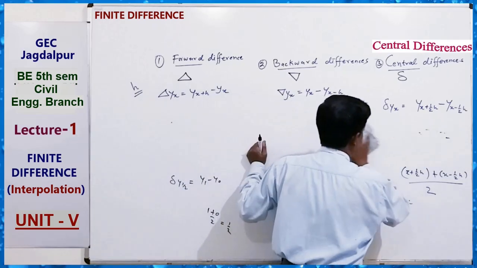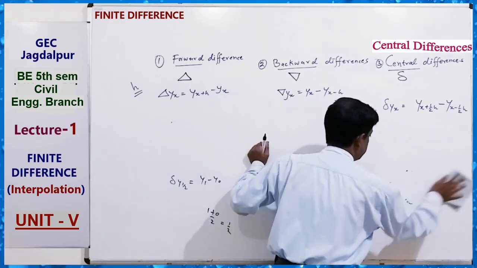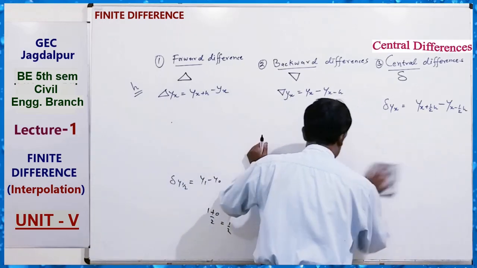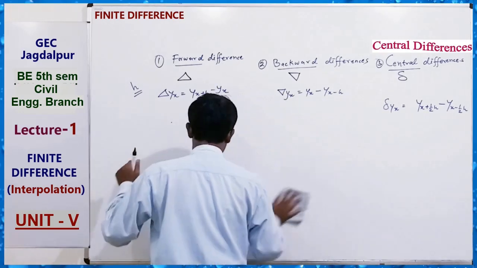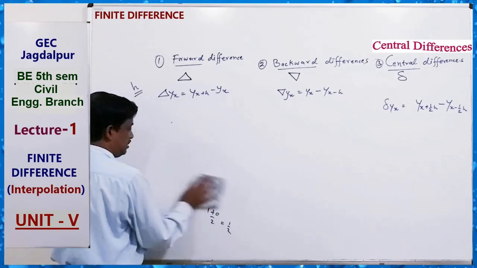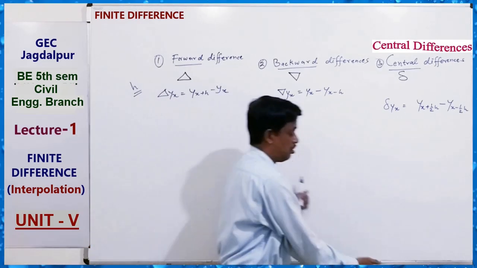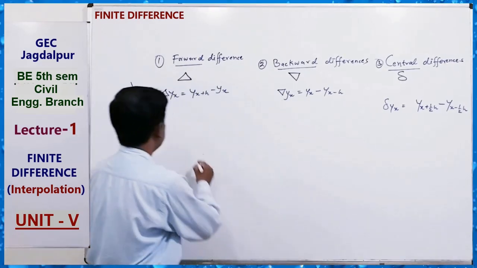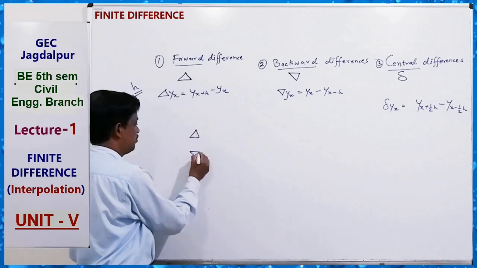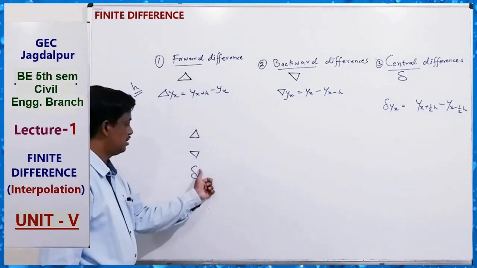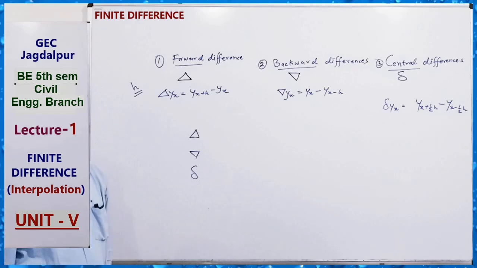Now in this unit these three types of differences are very, very useful. So, the operators: forward operator, backward operator, central operator, del operator.